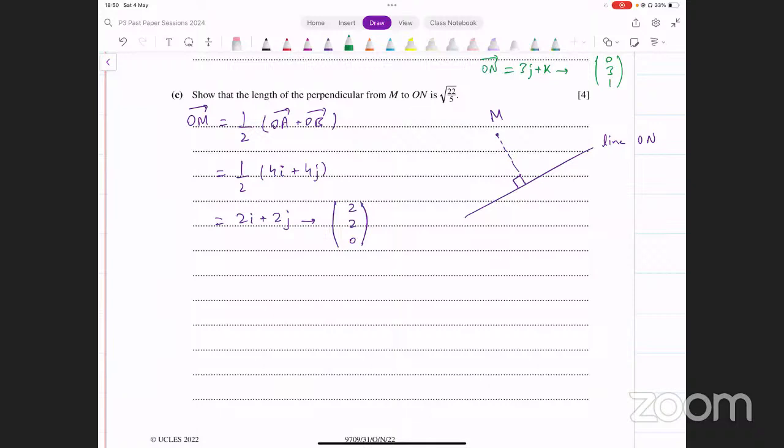Now, what's the equation of the line ON? r equals a plus lambda d. a means the position vector of a point on the line. That's 0, 3, 1.